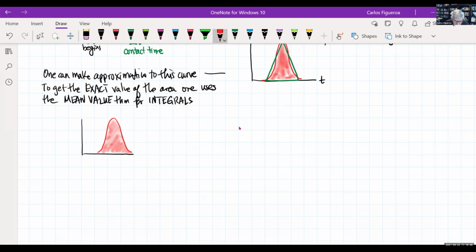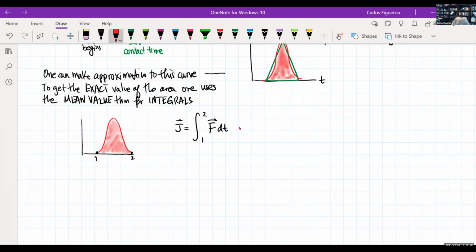So when I look at the mean value theorem, it says this. So I know that the area of this guy between point 1 and point 2 must be this guy right here.